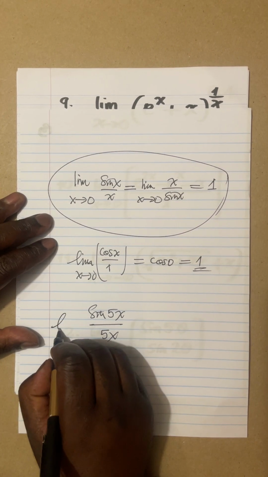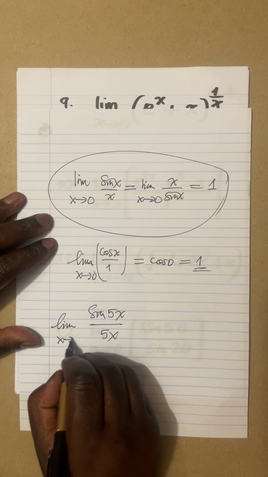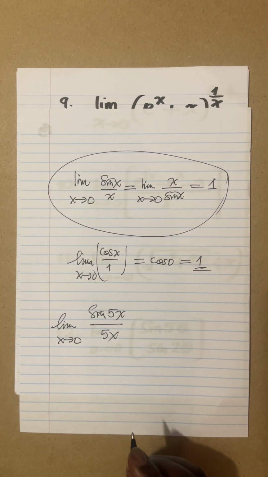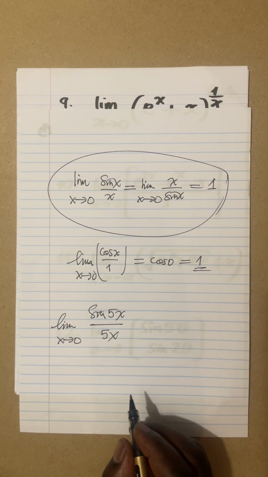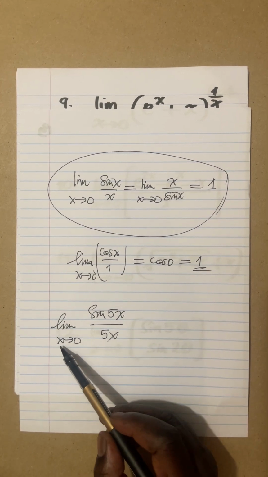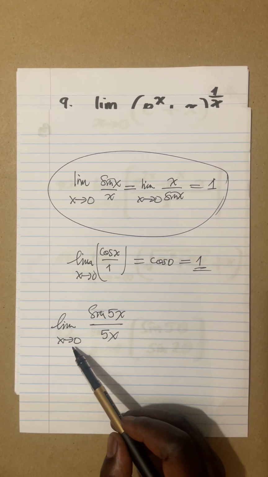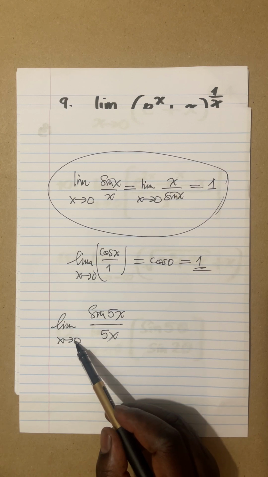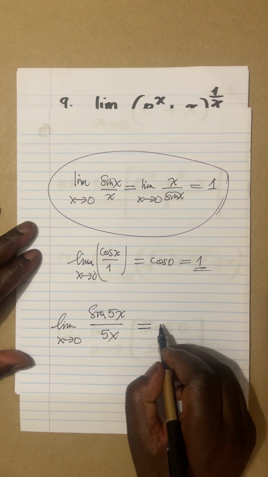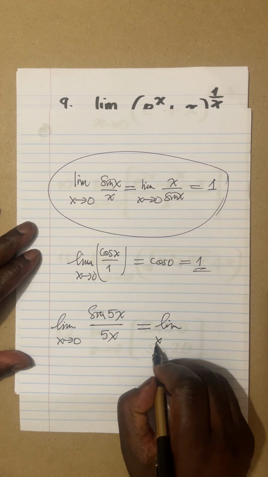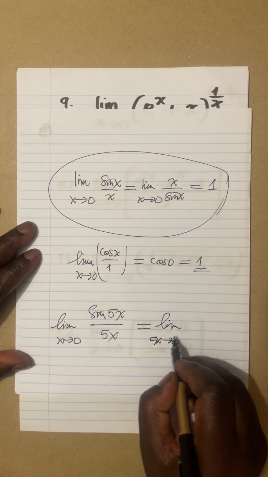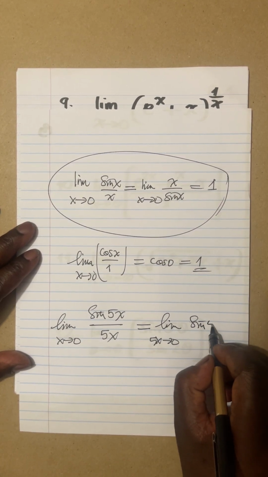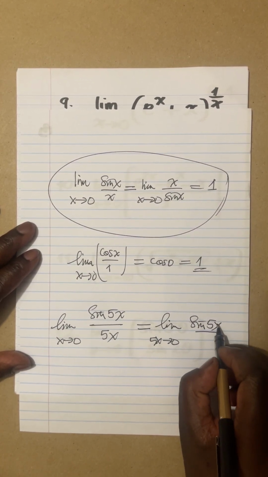But you're told the limit as x approaches 0, as you see in the question we have here now. The understanding is, as x approaches 0, 5x should also approach 0, because you're basically multiplying x by 5, multiply 0 by 5. So this is exactly the same as the limit as 5x approaches 0 of sine 5x over 5x.